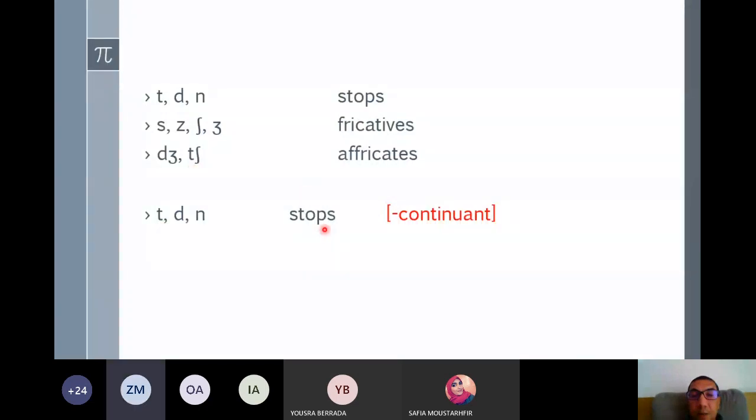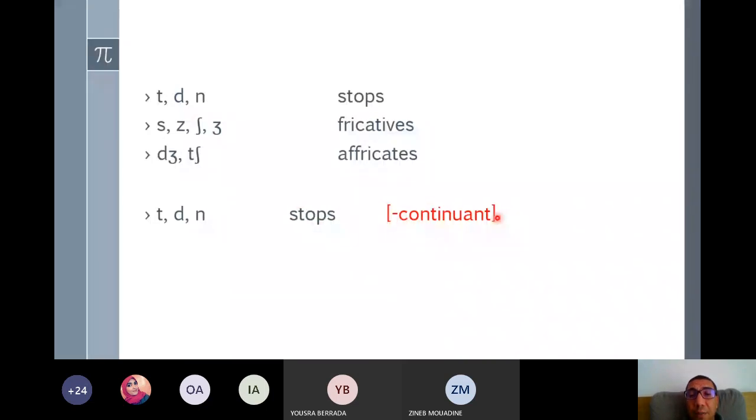You have a question? Yes? Go ahead. The sound there, is it a stop or a nasal? The stop n. The sound there is a stop or nasal in the manner of articulation. Yeah, it's a stop. N is a stop. And so all stops are minus continuant.